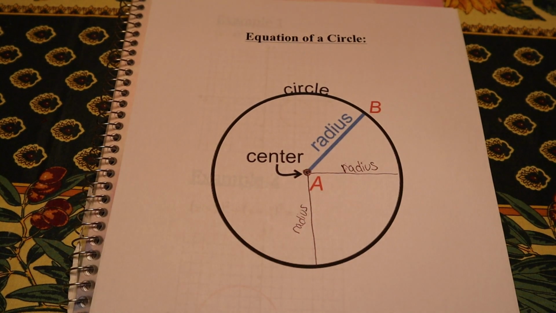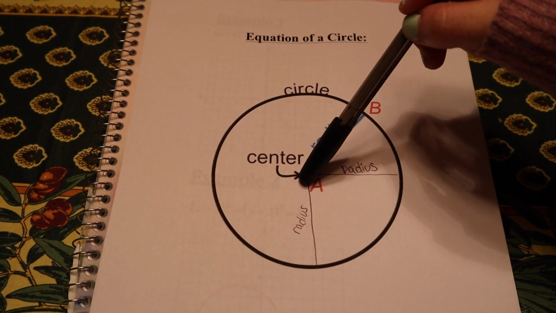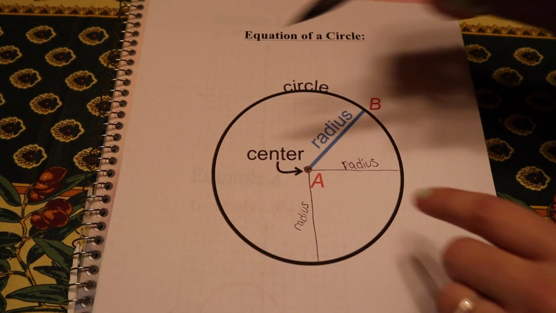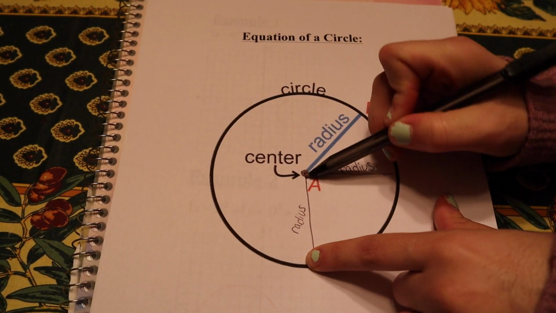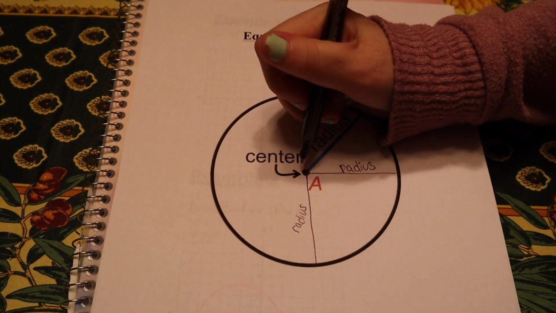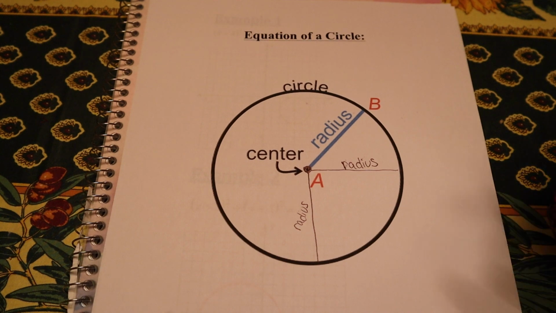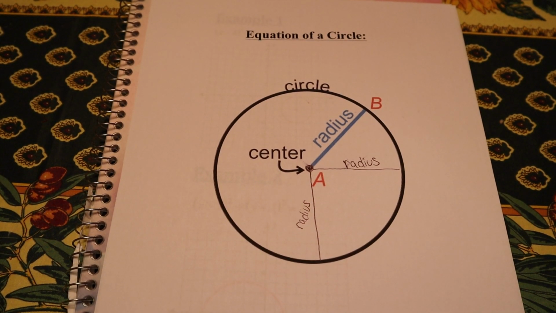What's very important to know about the radius is that the distance from the center to the endpoint anywhere in the circle is the exact same length. So this distance is the same as this distance. It's the same as this distance. That's why the circle center point is called the center, because from that point, every endpoint is the exact same distance away.